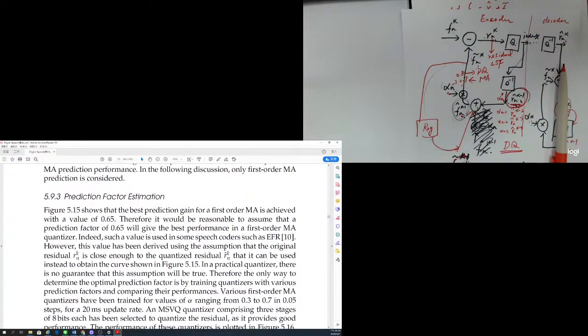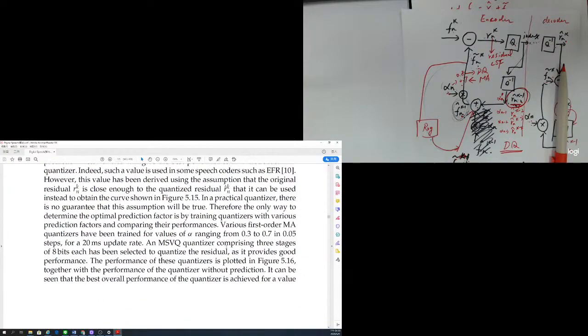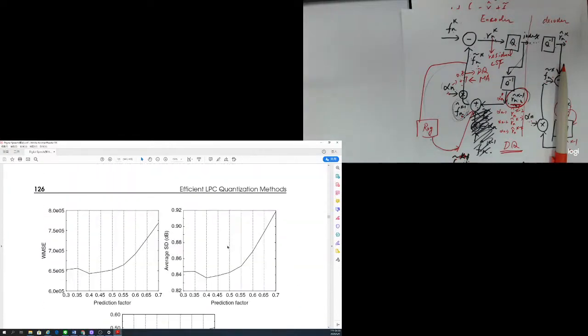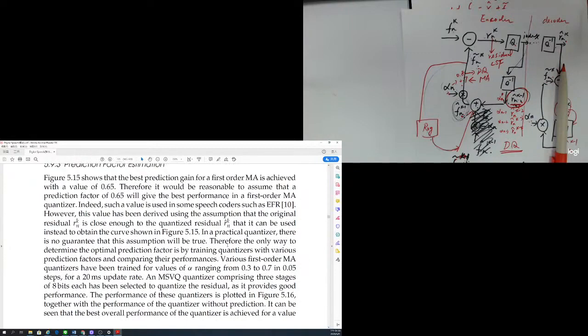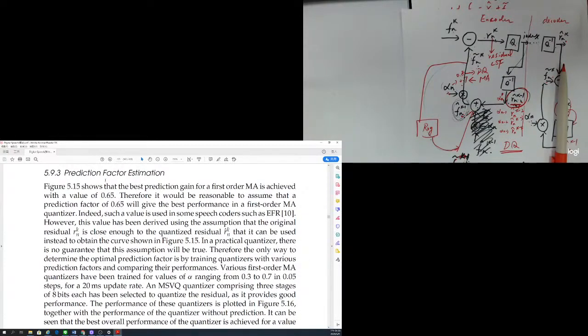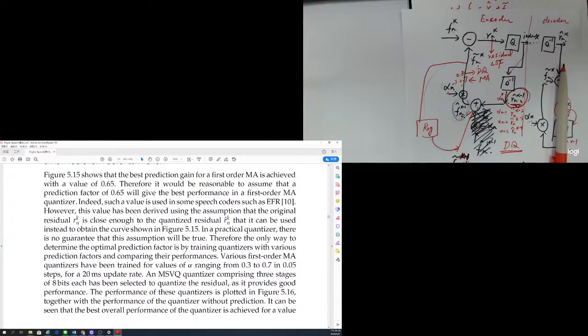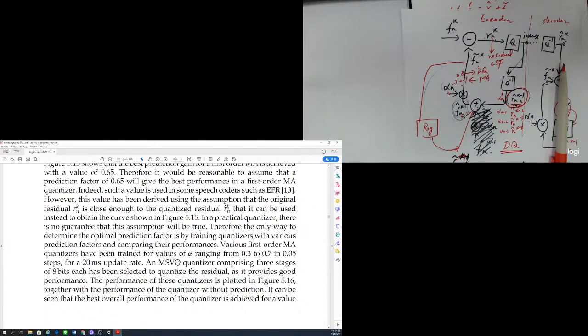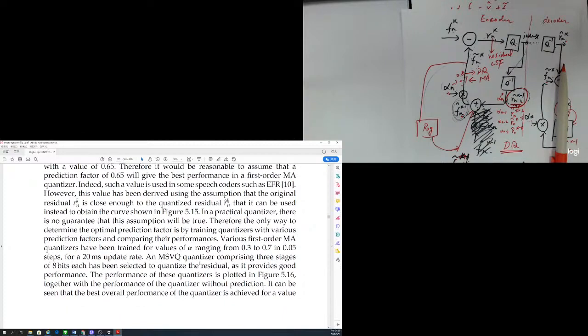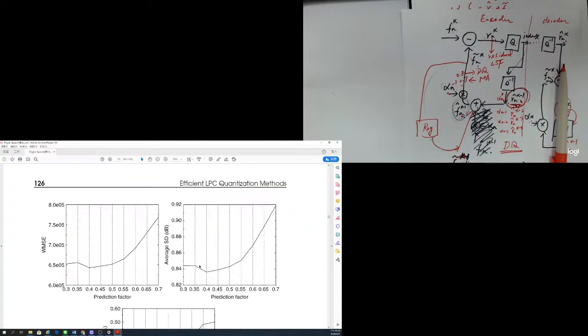Another one, prediction factor estimation. Here they try to use multiple stages. The first order is best at around 0.65, close to 0.7, but that is just the first order. So if we consider multiple stage vector quantization, what will happen here?